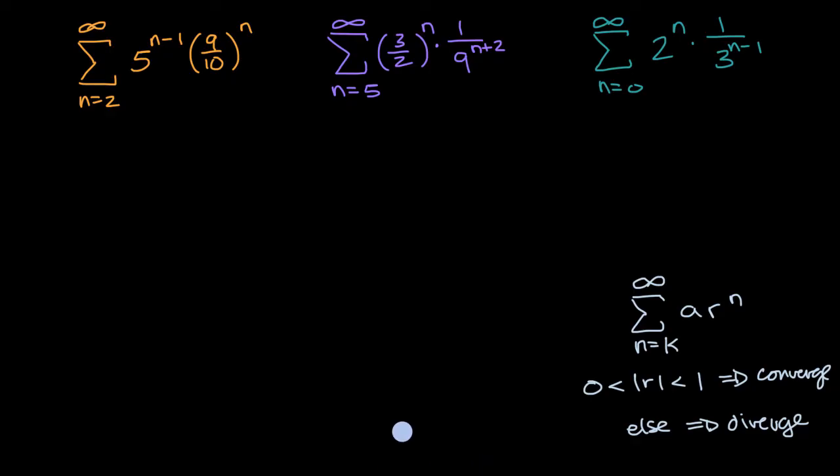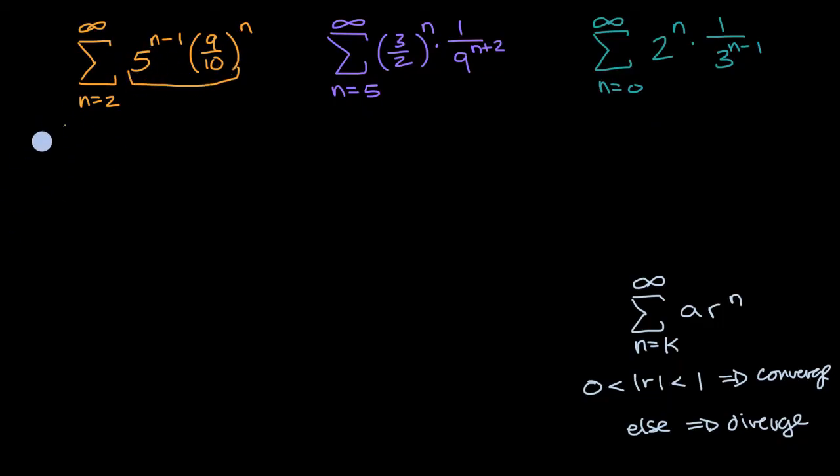So maybe a good path would be, can we rewrite these expressions that define each of our terms as we increment n? If we can rewrite it in this form, then we can identify the common ratio and think about whether it converges or diverges. So I'm going to focus on this part right over here.